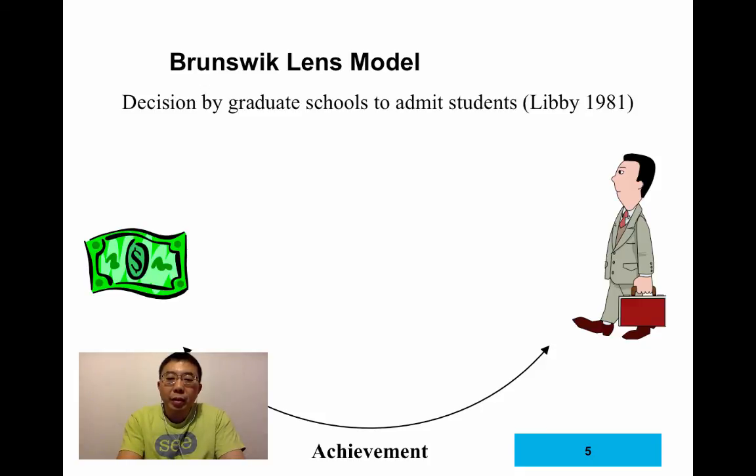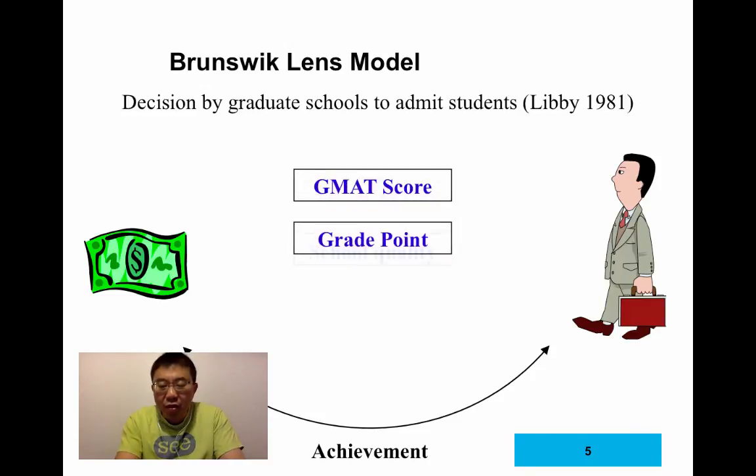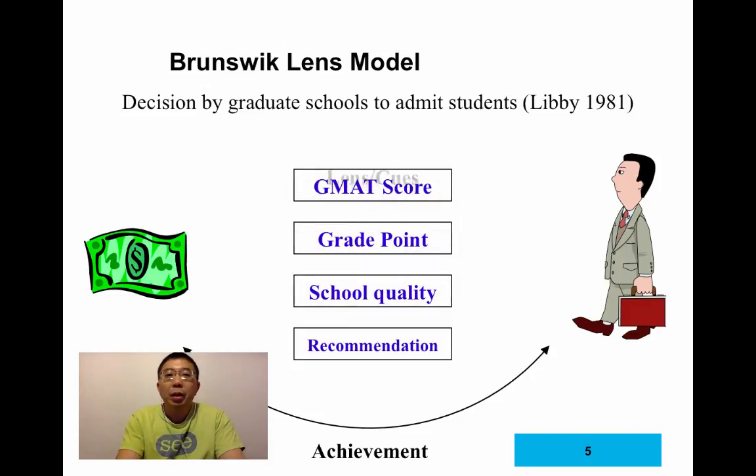So what the researchers did was that they used some measurement to evaluate the particular student. Some of these measurements are, for example, grade point average. Grade point average is equivalent to your honors class, let's say.